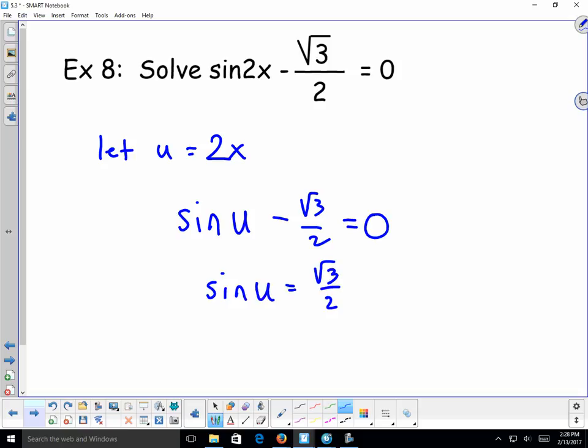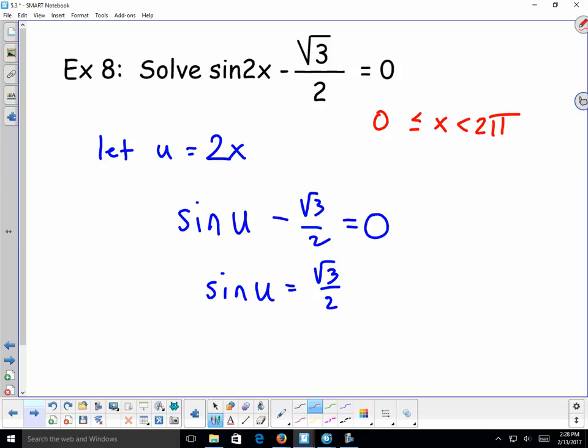Now, before we go looking for these solutions on our unit circle, can we all agree that we are supposed to be finding all values of x between 0 and 2 pi? Correct? It's not greater than or equal to. All right, and if that's the case, I wrote it correctly this time, but we have u instead, and u is 2x.